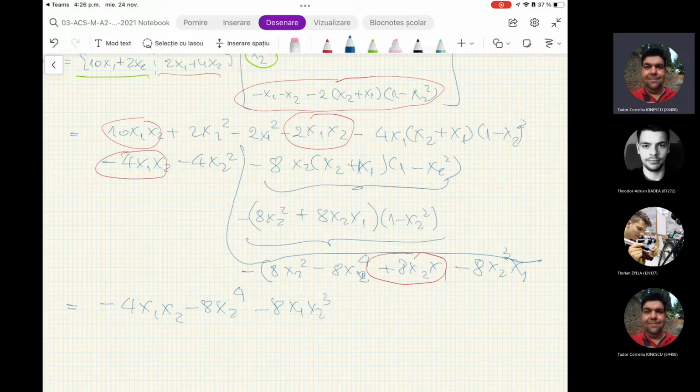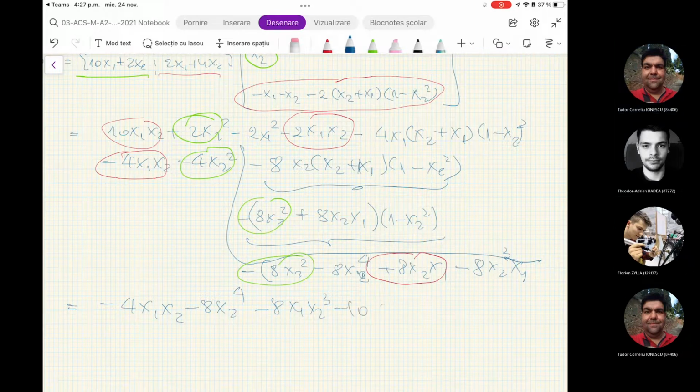And here you have this guy and this guy and this guy, and this guy. So minus 2 minus 8, this is minus 10 x2 squared. This is kind of everything.